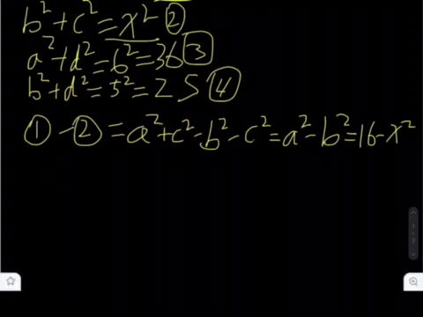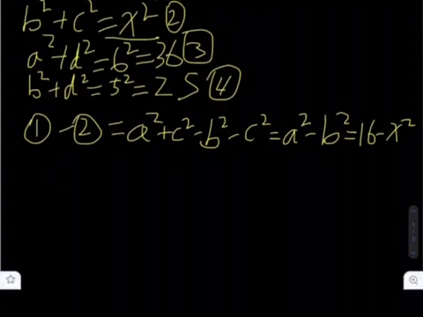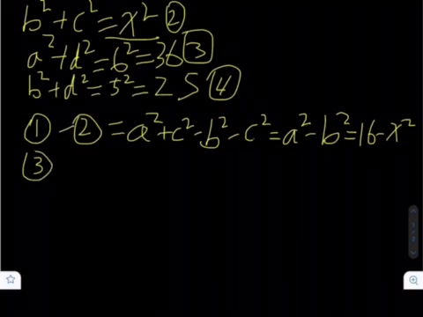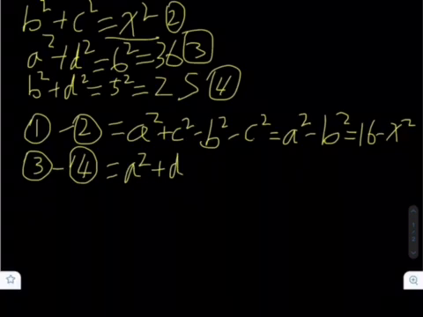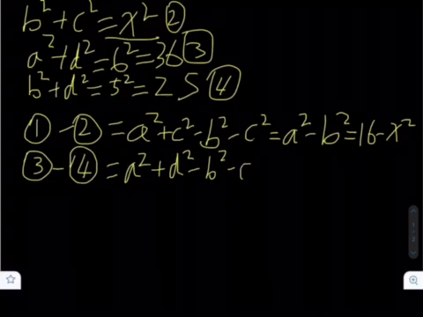We're going to do the same to equation 3 and equation 4. So equation 3 minus equation 4 equals A squared plus D squared minus B squared minus D squared. And just like above, the D squares cancel out.